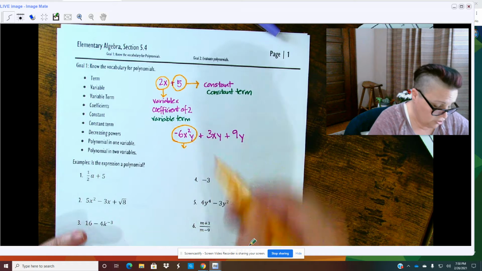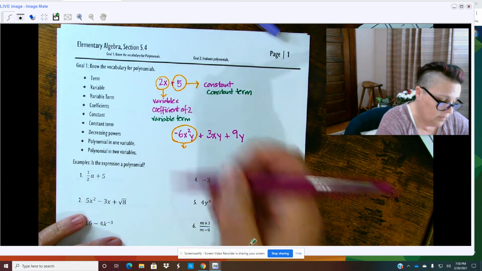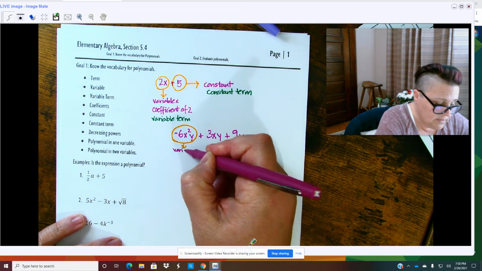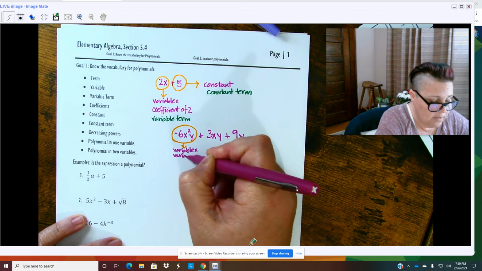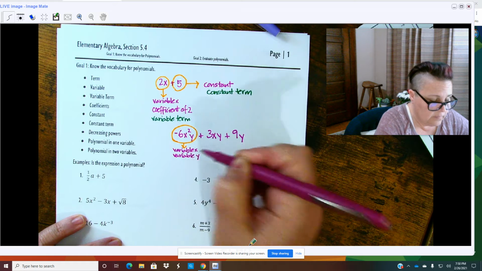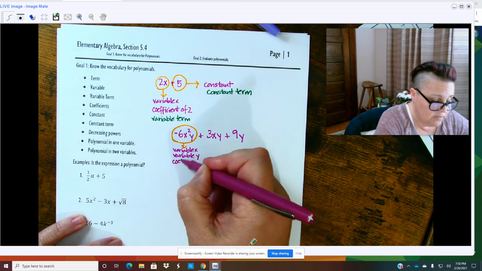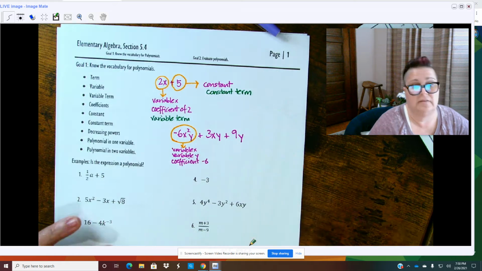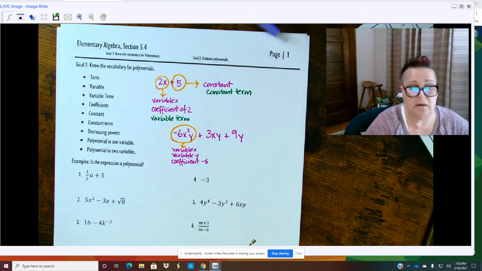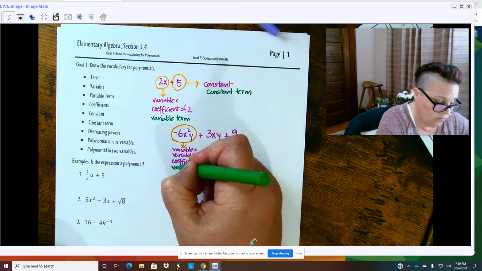This has 2 different variables. It has a variable x and it has a variable y. It has a coefficient of negative 6. This would be called a variable term.